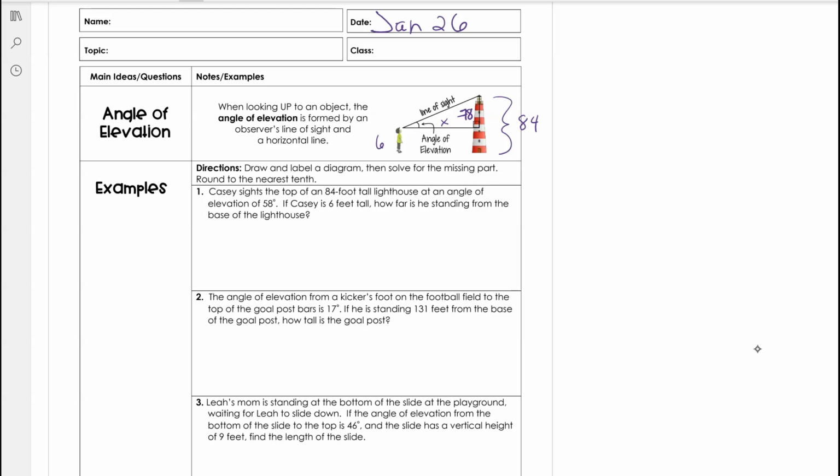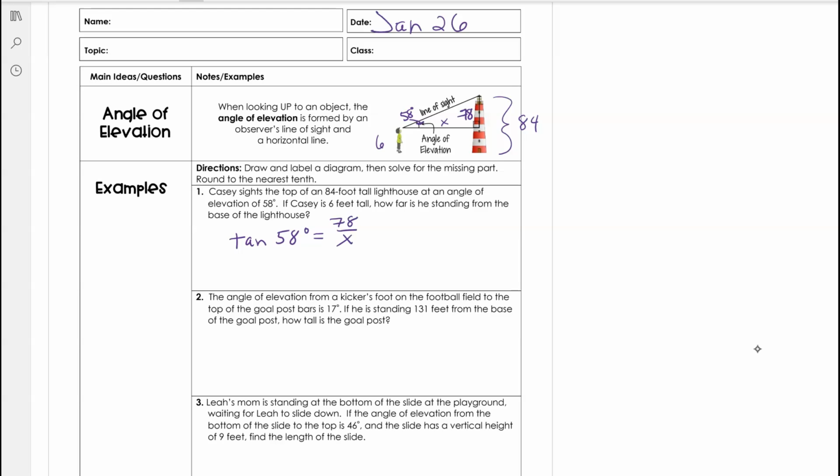And then the angle of elevation is 58 degrees. That's what goes in there. And we're looking at a tangent situation. So tangent of 58 degrees is equal to 78 over x.